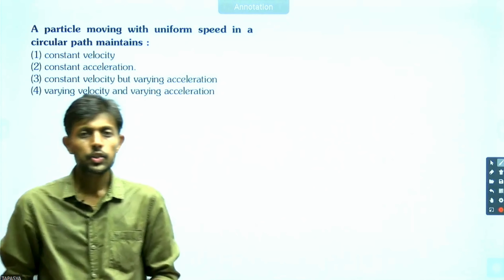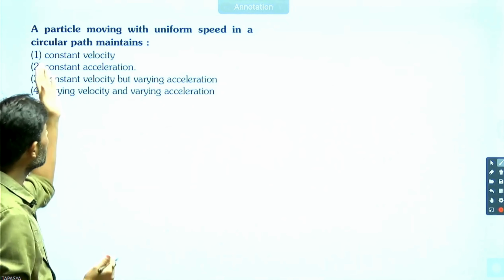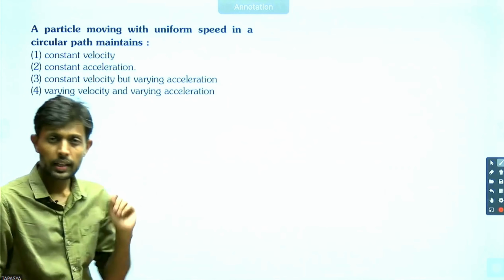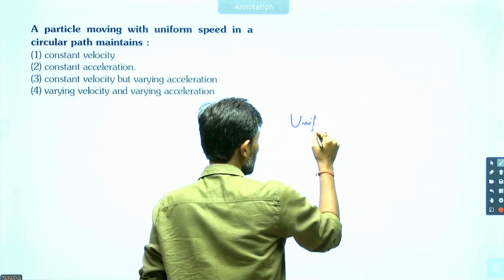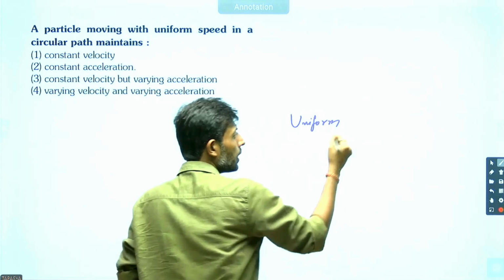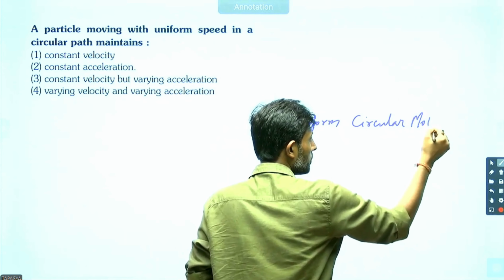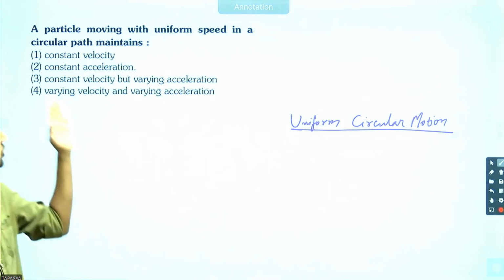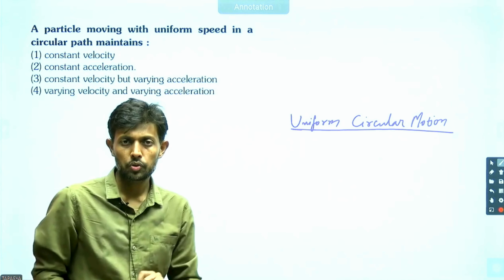All right. So here you have a very straightforward question. It's saying there's a particle moving with uniform speed in a circular path. That means this is a uniform circular motion. Uniform speed, remember? Uniform circular motion. So they're asking, what is constant in this uniform circular motion?